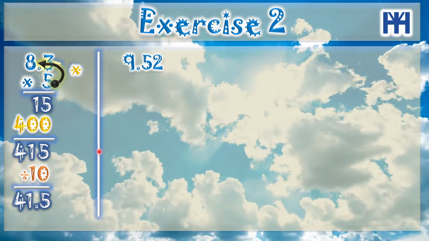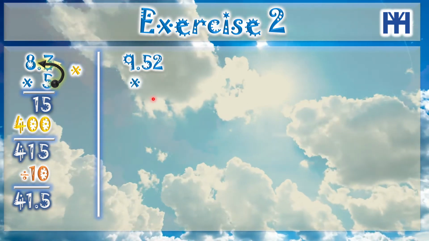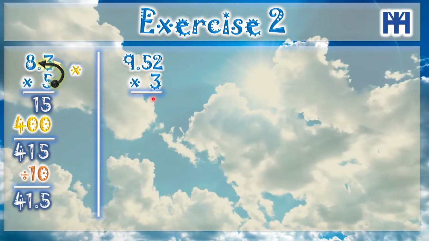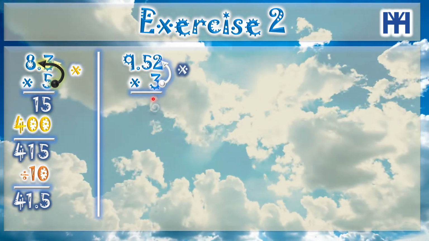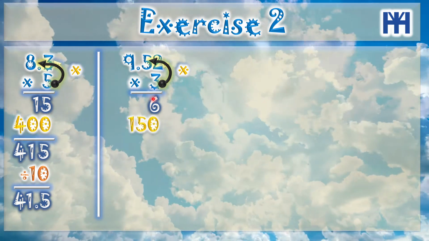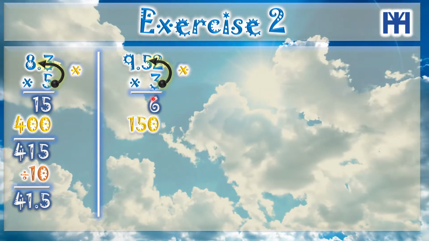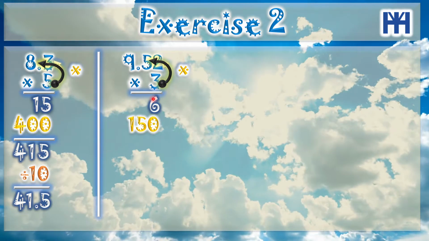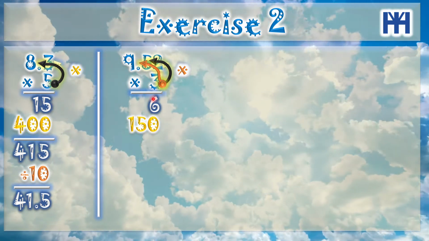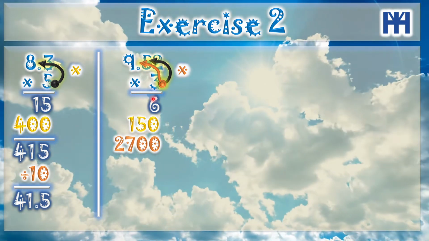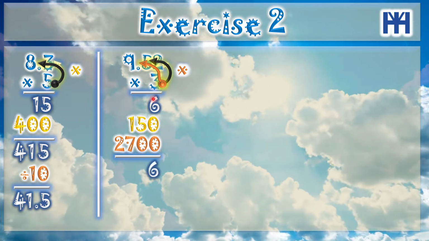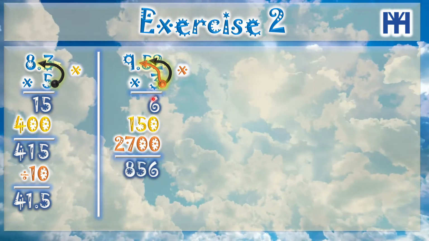Okay, so we have 9.52 multiplied by 3. First we'll get 3 times 2, which is 6. Then 3 times 50, which is 150. Then 3 times 900, which is 2700. Then we will add them: 6 plus 0 plus 0 is 6, 5 and 0, 5, 1 and 7, 8, 2 and nothing, 2.